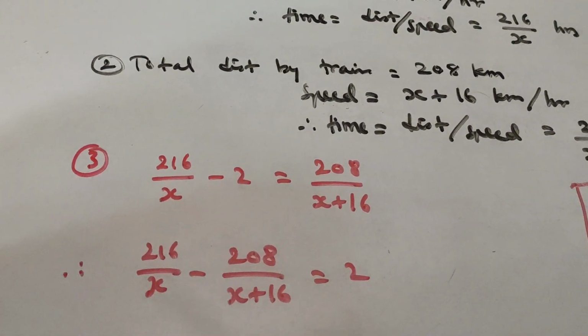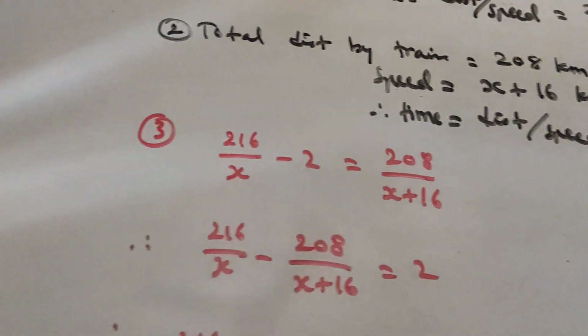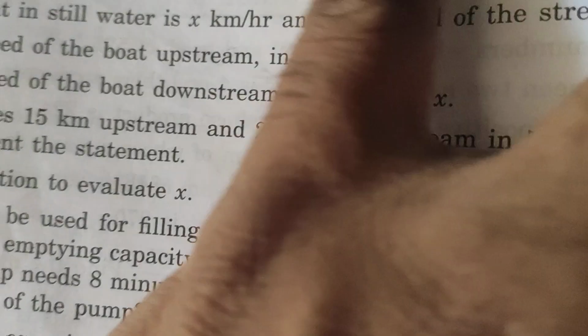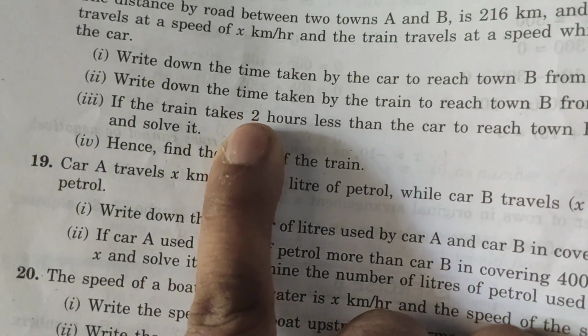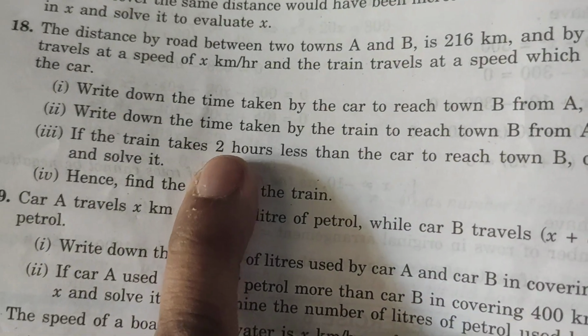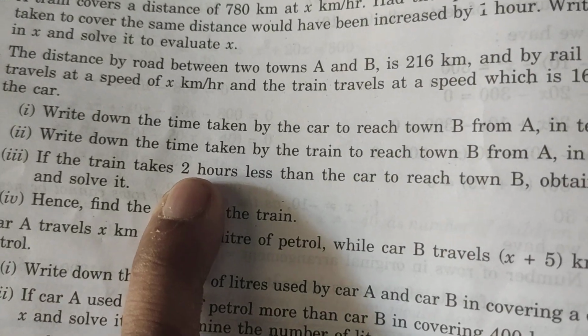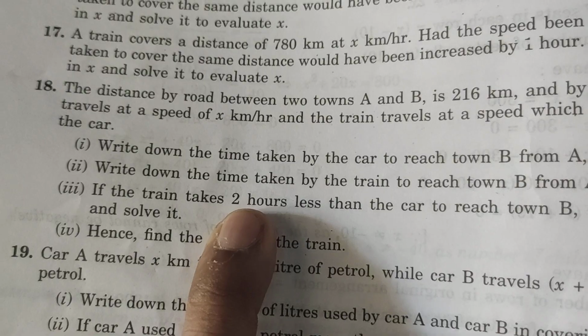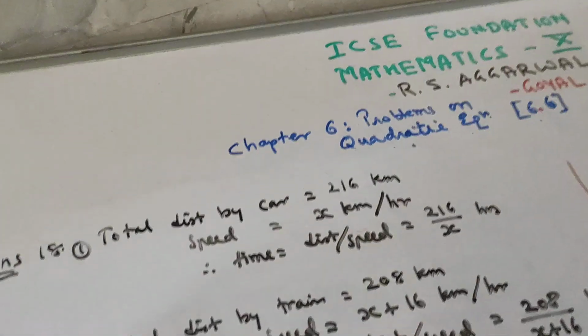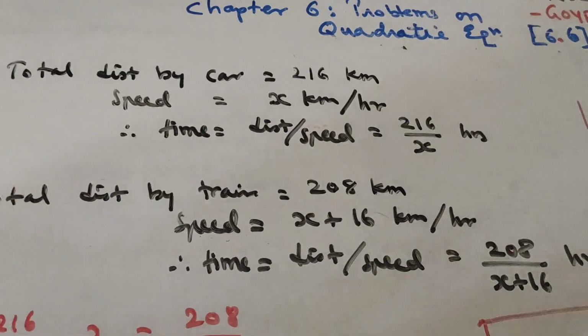It says here that the train takes 2 hours less than the car. So the train is reaching faster. Train takes 2 hours less than the car. So what is the speed of the car? The speed of the car is x km per hour.